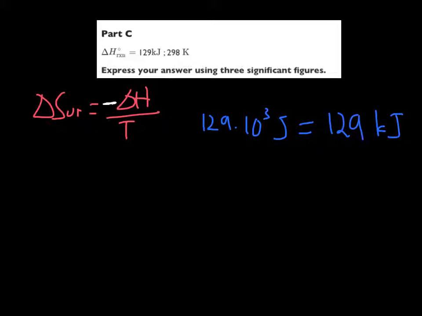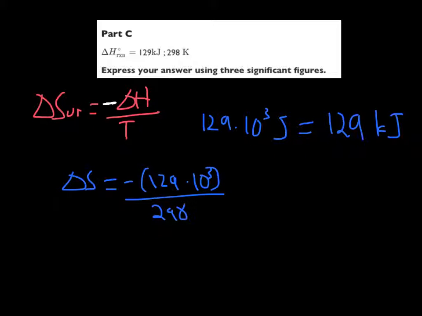Now, it's interesting. Now we have a positive enthalpy reading. So how's it going to affect our answer? We have delta S equals negative 129 times 10 to the 3 divided by 298. When you do this math out, I got a value of negative 433 joules per Kelvin.